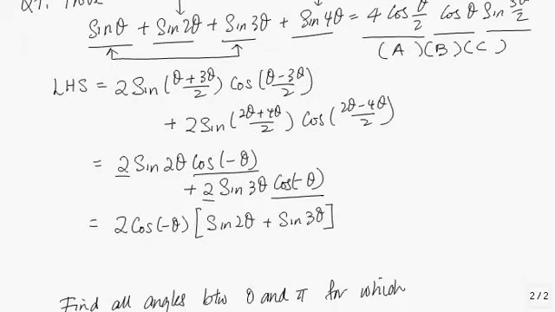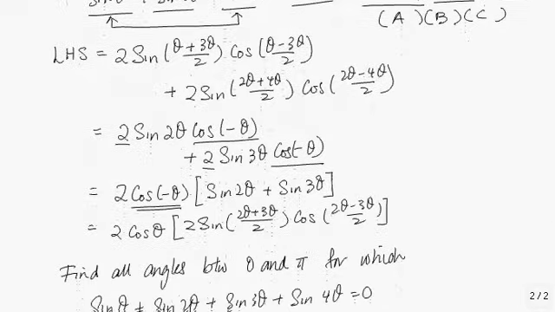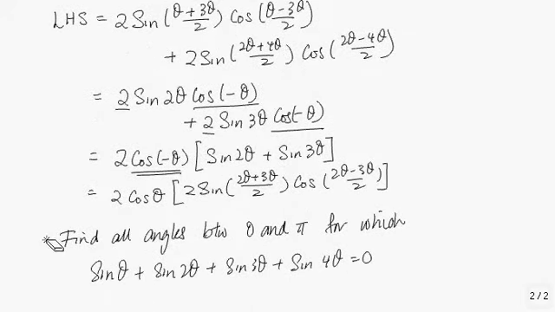The bracket inside, what you have is 2 sine, and then we have 2 theta plus 3 theta divided by 2, and then we have cosine theta take away 3 theta divided by 2. So we have 2 cosine theta, and we have 2 sine 5 theta over 2, and we have cosine negative theta over 2.